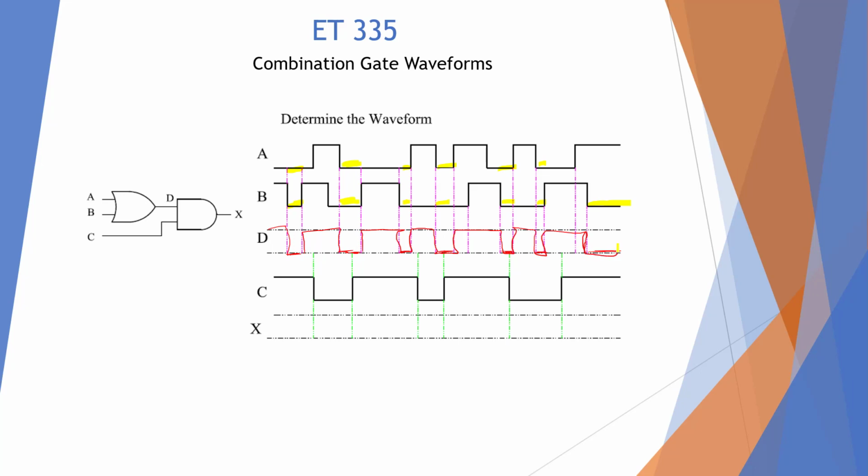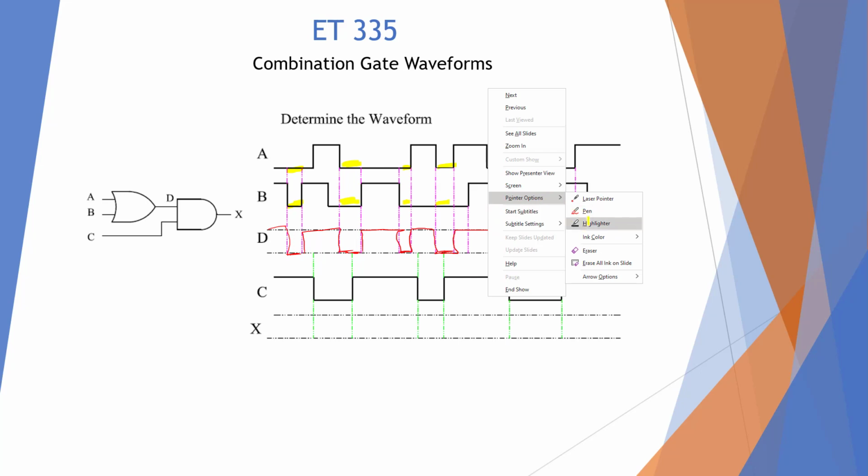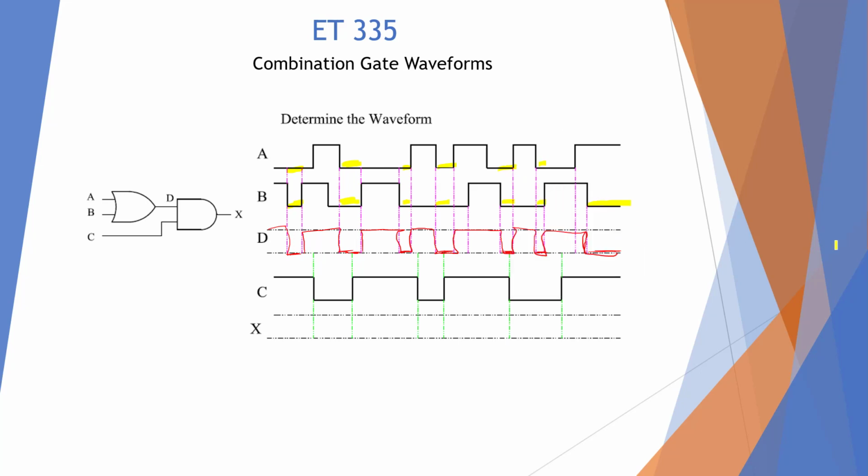So let me go ahead and let's go back to the highlighter. And let's see where our AND gate would need to be high, high. So we're going to need to do the high, high. Why aren't you working? There we go.